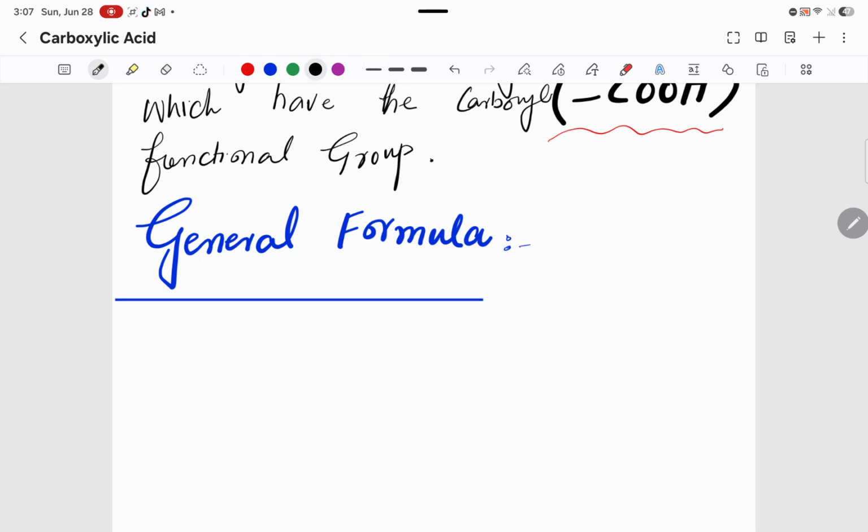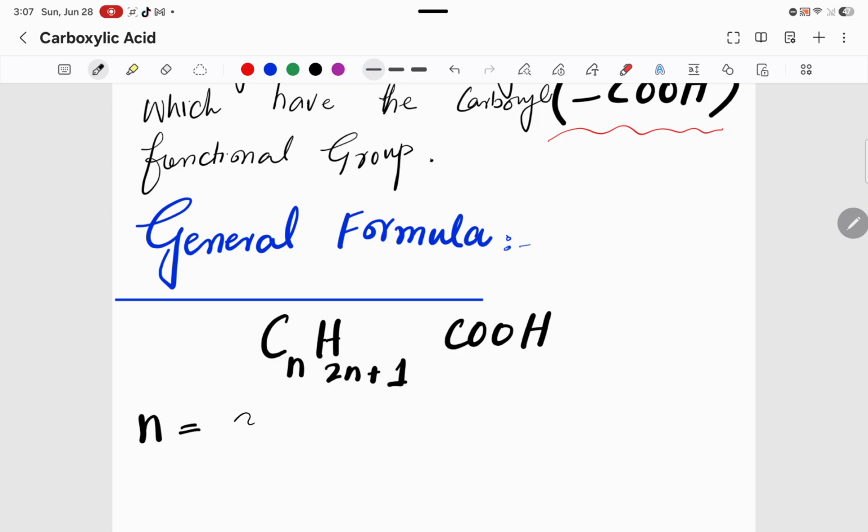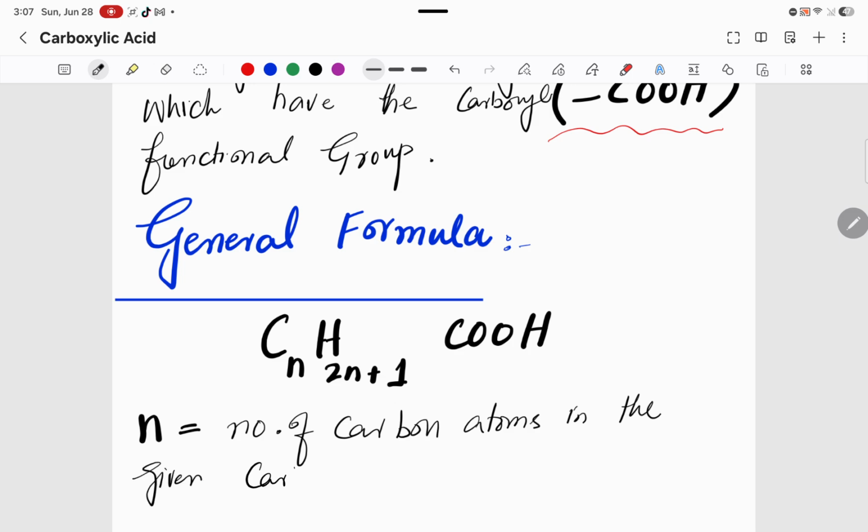So the general formula is CnH2n+1COOH, where n is the number of carbon atoms in the given carboxylic acid molecule.